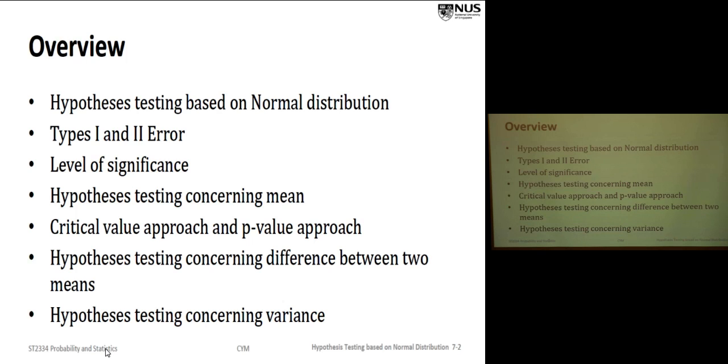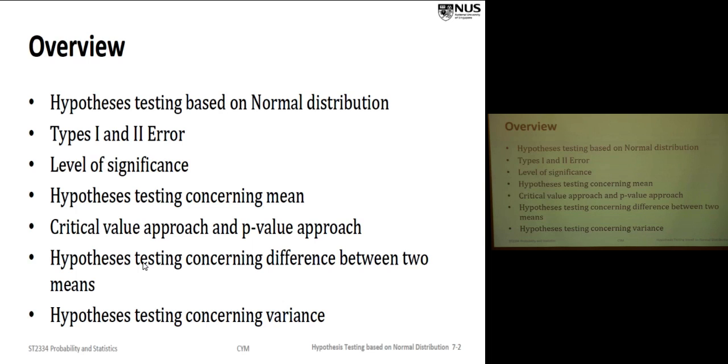And we think about, at a really basic level, the notion of type 1 and type 2 errors and the level of significance. Then we're going to construct some hypothesis testing for the mean parameters, and then an alternative way of testing, which is based on something called p-values, and then hypothesis testing associated to the scenarios which we looked at the end of chapter 6.